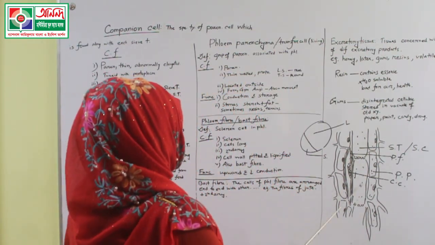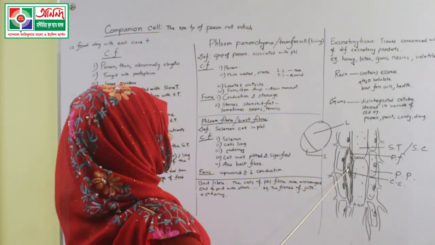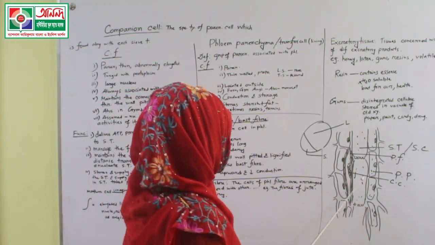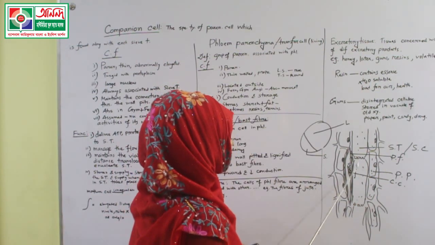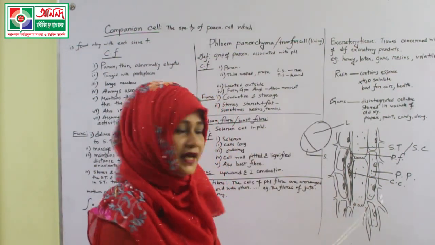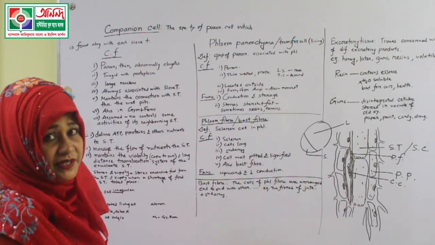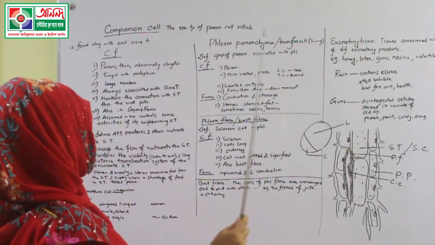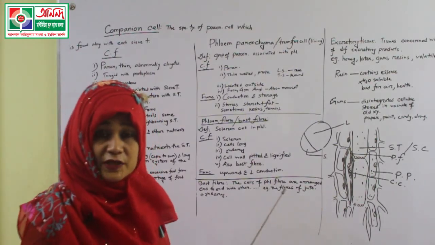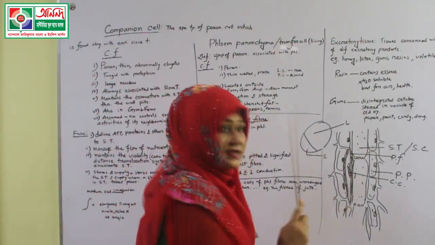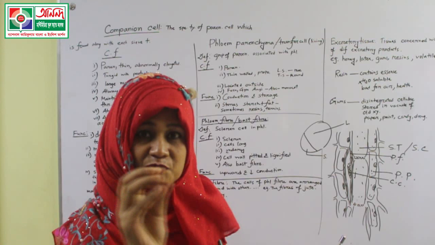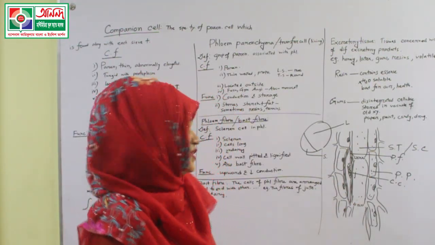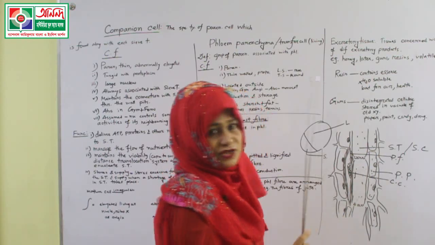And it remains quite outside the companion cell and sieve tube. These cells are also thin walled, with protoplasm and a comparatively smaller nucleus than the companion cell. Write yourself as you wish, just seeing the structure.